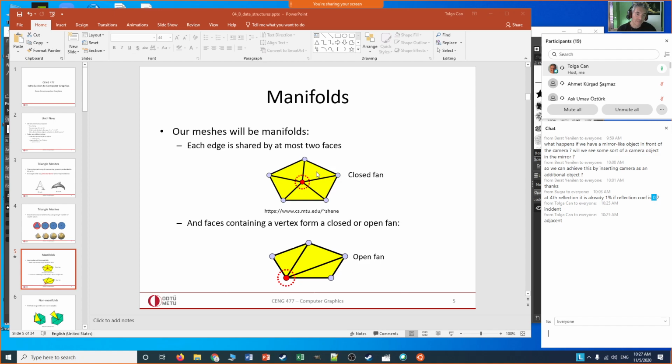I will come to the next face again. Or sometimes I will start from here, come here, here, and the next face, there is no such thing. So if it's a vertex that is at the boundary, they may not form a closed loop around the vertex, which we call in such a case an open fan.